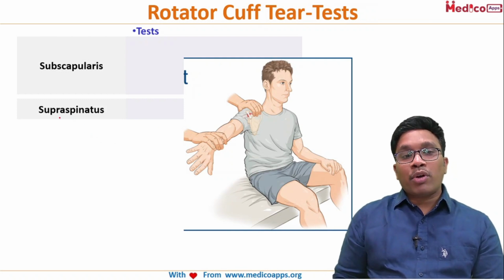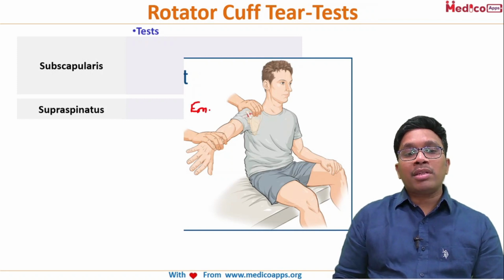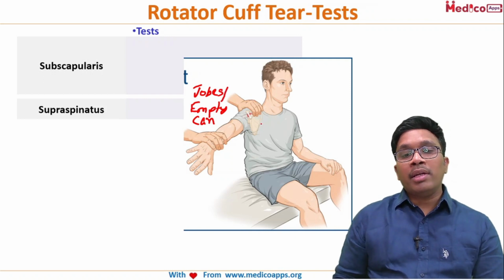Next, the most important muscle, the supraspinatus. One most important test for this is the empty can test or the Job's test. Here the shoulder is made to rotate internally.